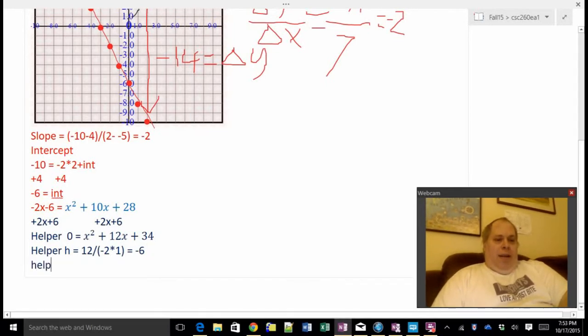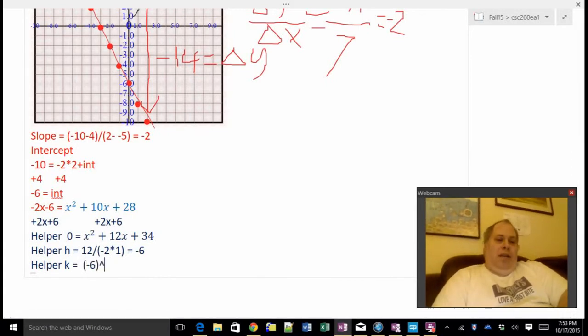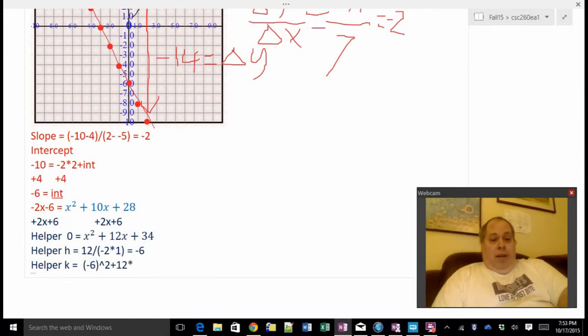And then I find the helper k by plugging negative 6 back into the helper. So I'm going to have negative 6 squared, times 12 times negative 6, that's negative 72, plus 34, which is going to be negative 2.